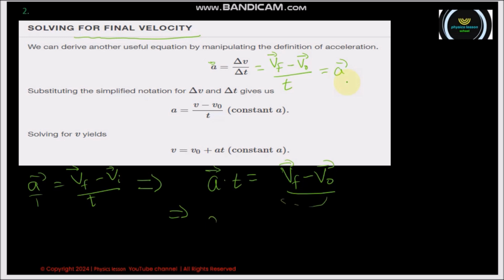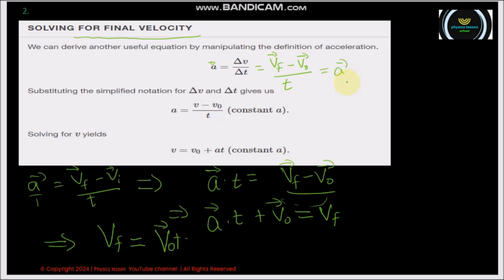That means acceleration times time plus the initial velocity is equal to v final. We simplify: v final is given by v initial plus acceleration times time. Already it's simple. Acceleration is a vector physical quantity. Good.